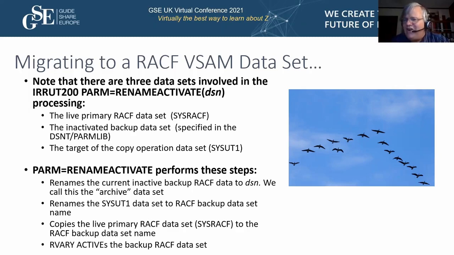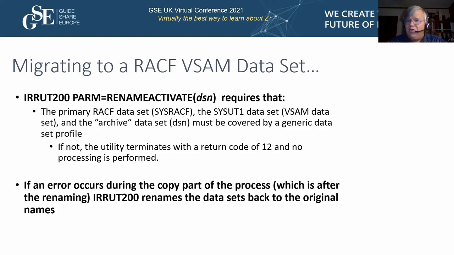We started calling this the archive data set. I kind of like that name; it's where your backup data set ends up. Then we rename the SYSUT1 data set, the target of the copy, to the RACF backup data set name. Then we copy the data in, and at the completion of that copy, an RVARY ACTIVE is done under the covers to make that backup data set active. Couple of requirements on those three data sets.